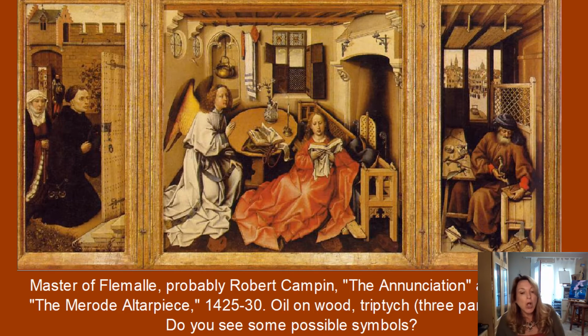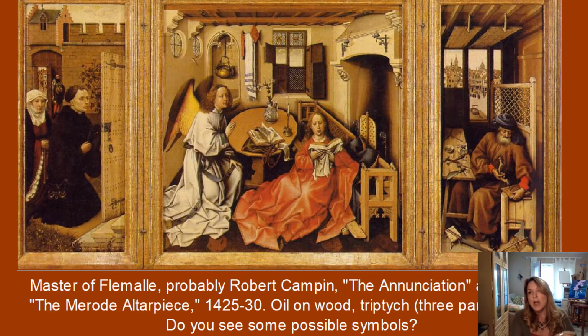The Master of Flémalle, probably Robert Campin, is one of the first artists to really develop the use of oil painting, and he's the one that's kind of credited with it. Again, people had done a little bit of work in oil. The Romans had done some in caustic.